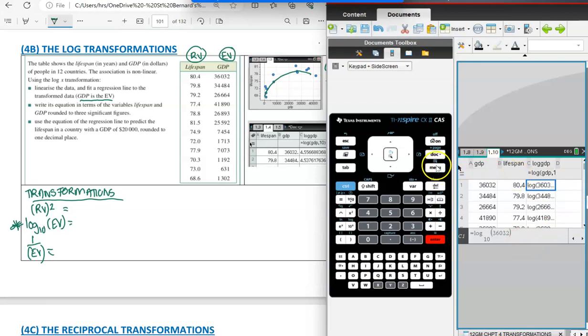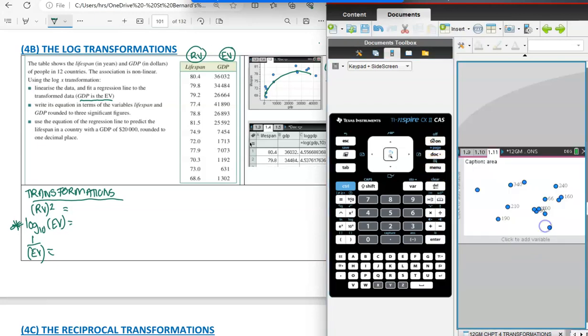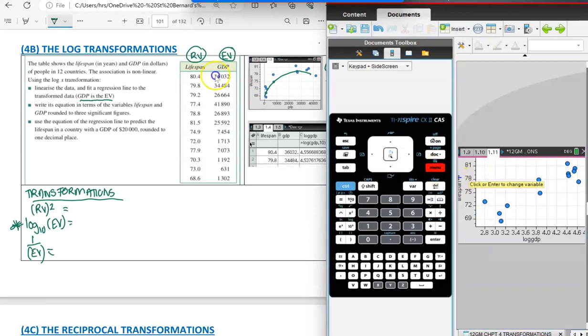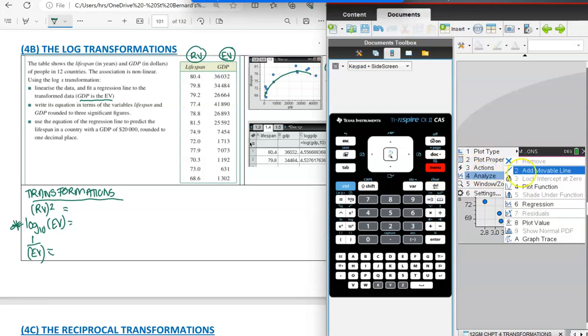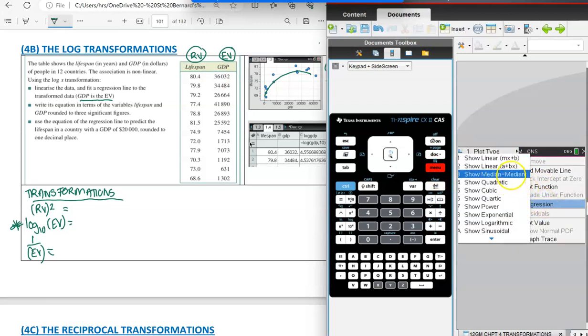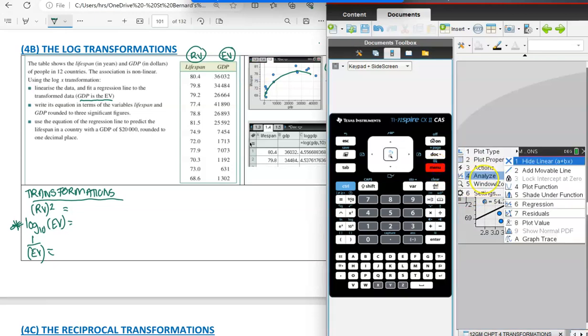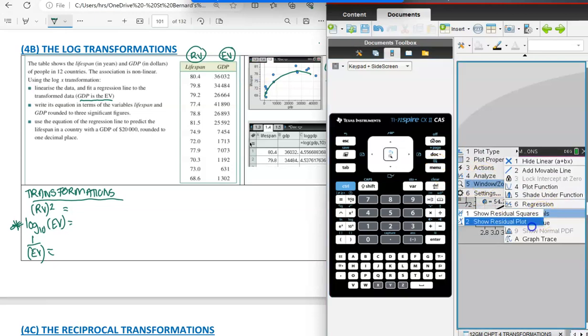If I went back and did a scatter plot of that, log GDP and lifespan, I didn't change lifespan. It now looks a lot straighter. So if I analyze that, regression A plus BX, menu, analyze, show residual plot.